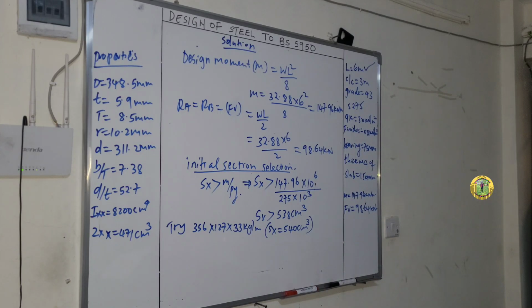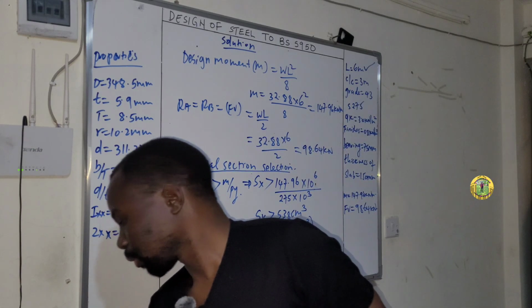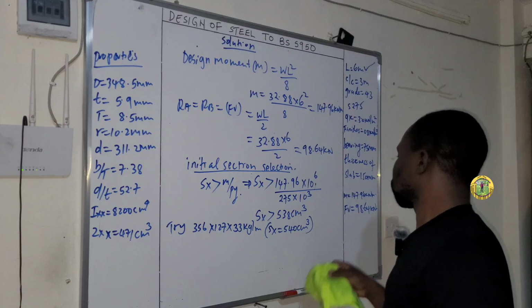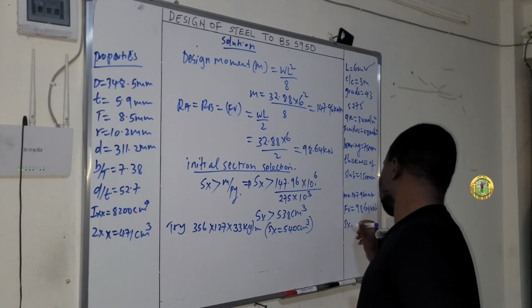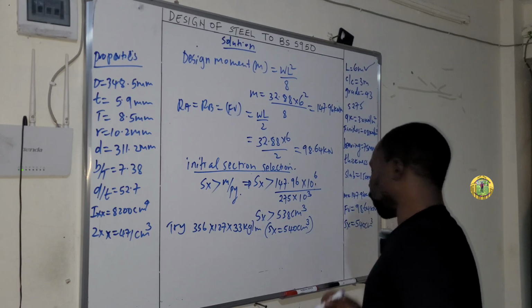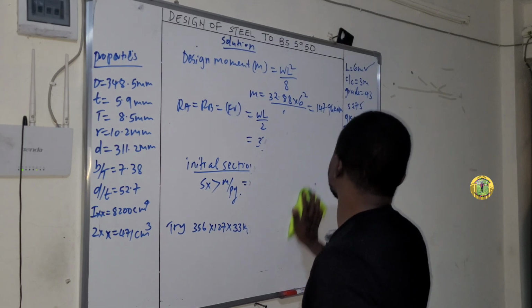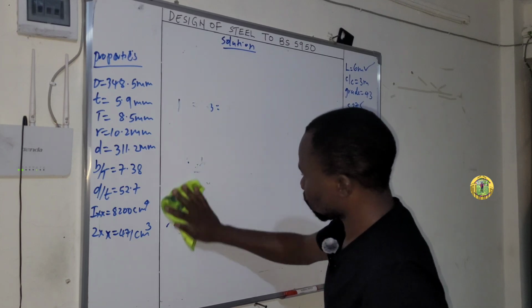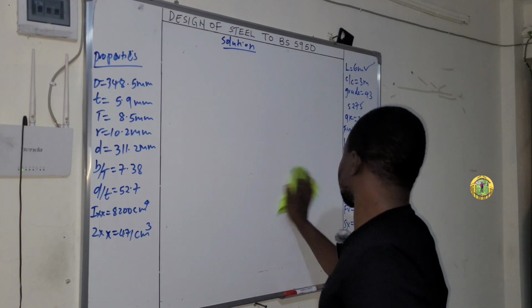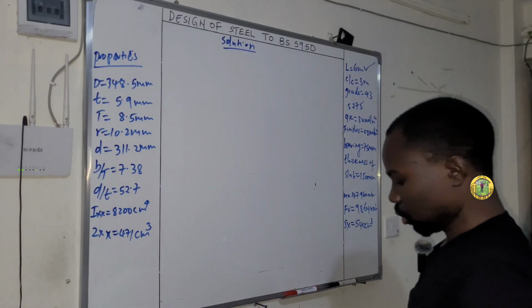So let's now classify the strength of this section. Allow me to clean here. You have said that Sx given in the table is 540 centimeter cubic. So strength classification.